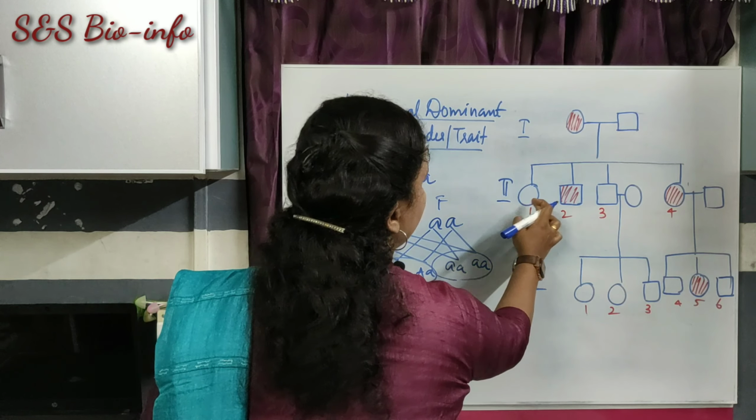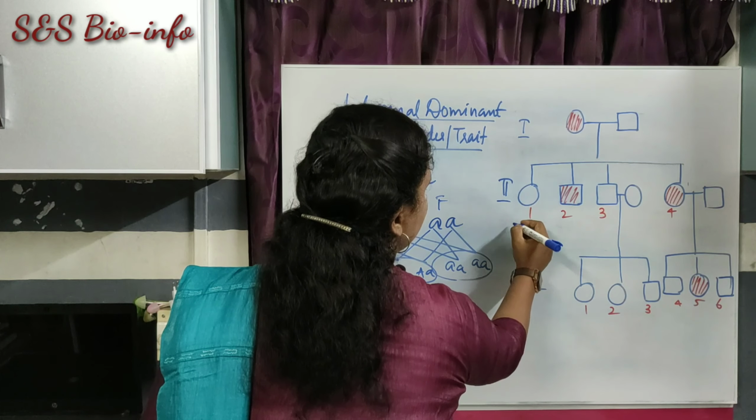That means the unaffected children will have homozygous recessive alleles, and the affected children will have a heterozygous allele. Did you get it? So the mother has the heterozygous allele, and the father has a homozygous recessive allele. When these types of parents are crossed, they get two types of children: 50% affected children and 50% unaffected children.